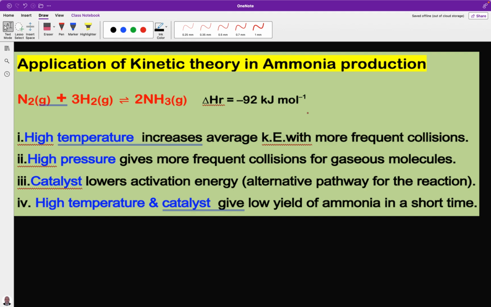Remember that the collision theory has to do with the collision of particles, and the frequency of collision of particles. For a reaction to occur, particles must collide, and they must collide in the right orientation. They must have sufficient energy, activation energy. So let's use this condition and apply them here.